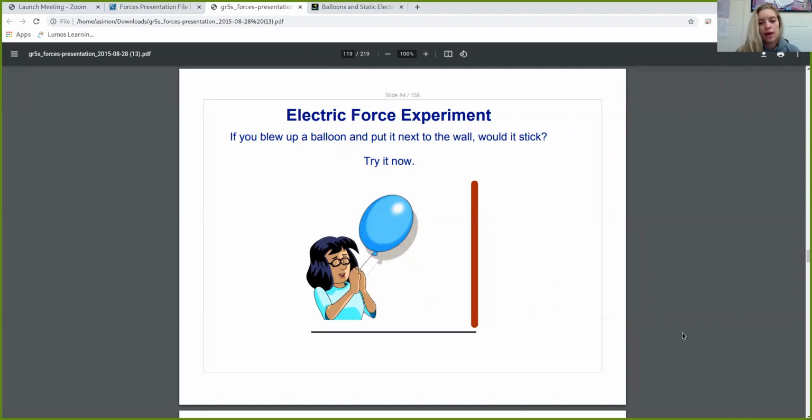All right, so I want us to think of a balloon. I have a balloon in my hand. If I blow up a balloon and put it next to a wall, is it going to stick? We should see there that immediately, no. It's not going to stick if I just blow up a balloon and put it next to the wall.